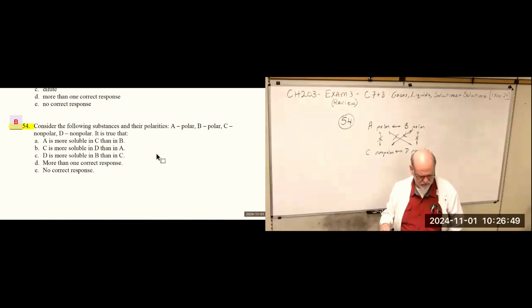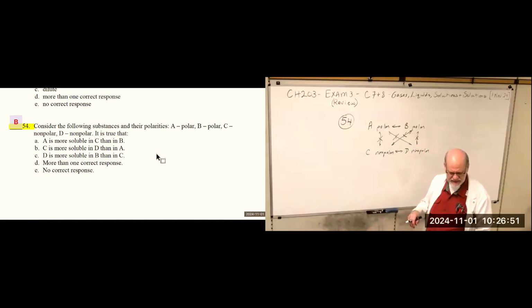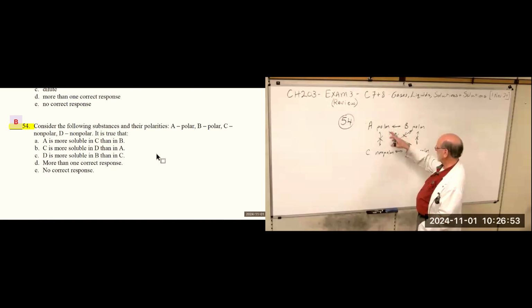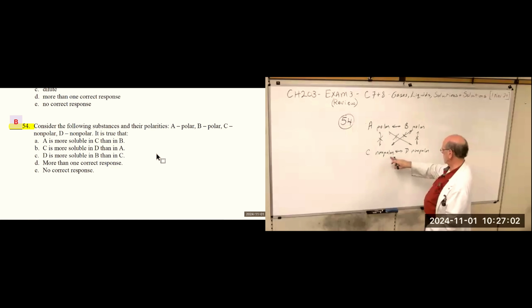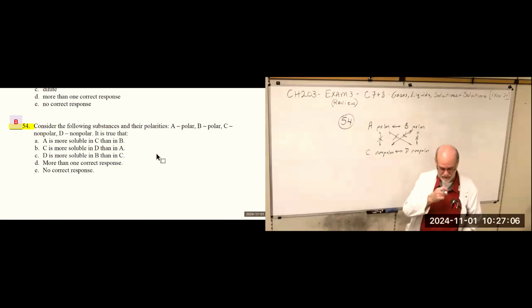So which one satisfies? Let's see, A, A is more soluble in C than B. No, A is more soluble in B. So A is false. B, C is more soluble in D than A. Yeah, that's true. B is true.